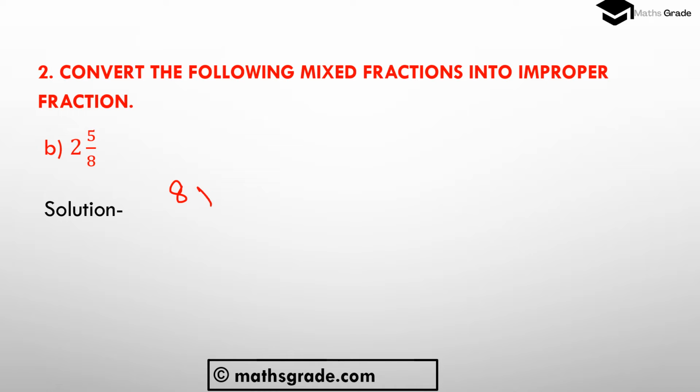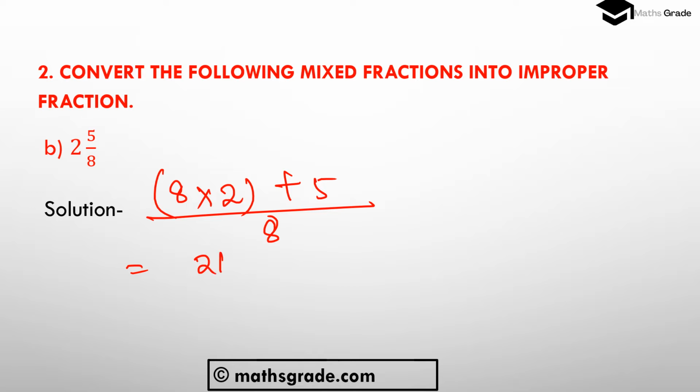So 8 multiplied with the whole number, that is the natural number 2, then add the numerator 5, divided by the denominator 8. So 8 multiplied with 2 is 16, 16 plus 5 is 21, divided by 8. And 21 divided by 8 is an improper fraction whose numerator 21 is more than the denominator 8.